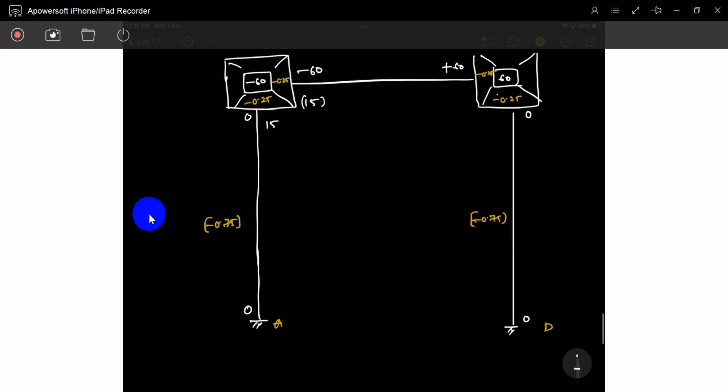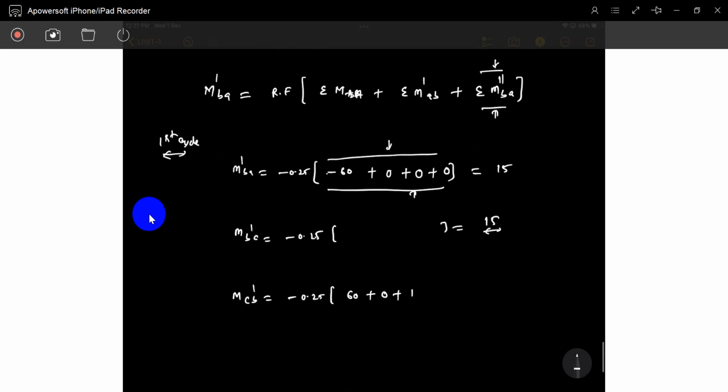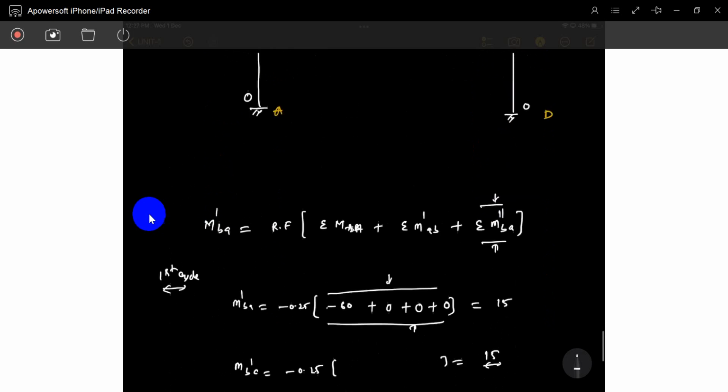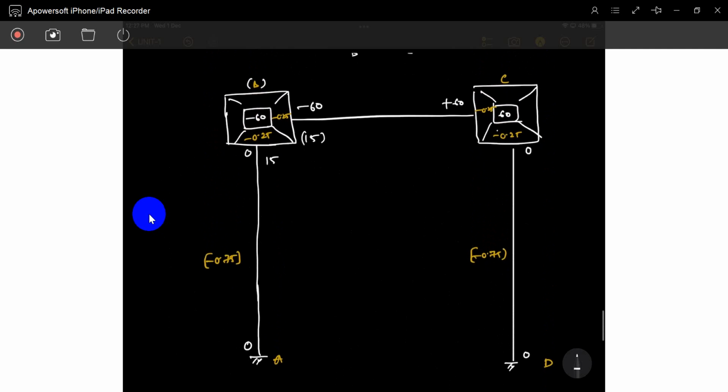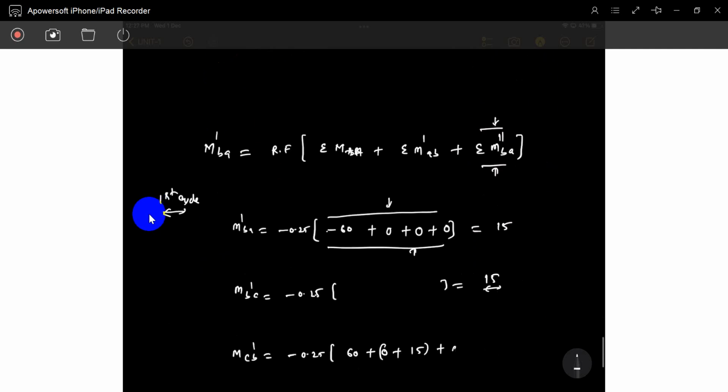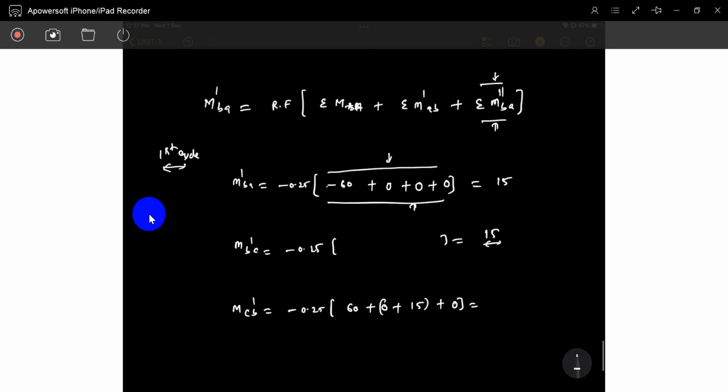What is that value? 15, as usual previously, 15, and now the translational contributions CD, we didn't calculate it, just taken as 0. So what is that value? 75 divided by 4, it's 18.75, minus 18.75.